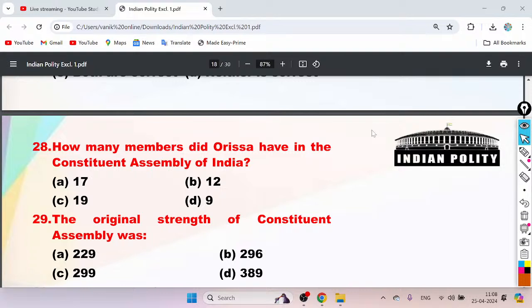Question number 28. How many members did Odisha have in the Constituent Assembly of India?